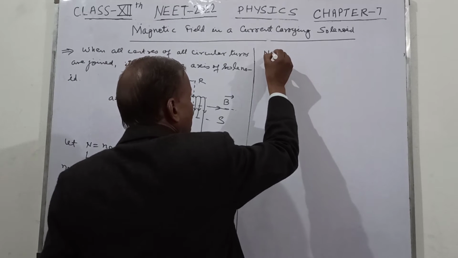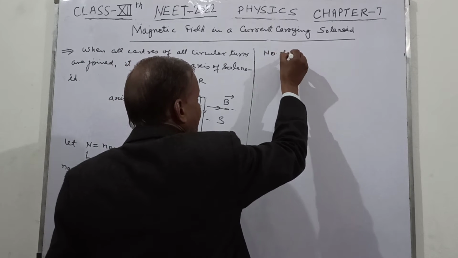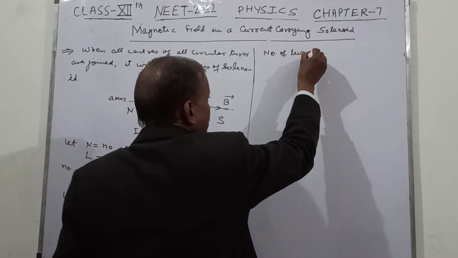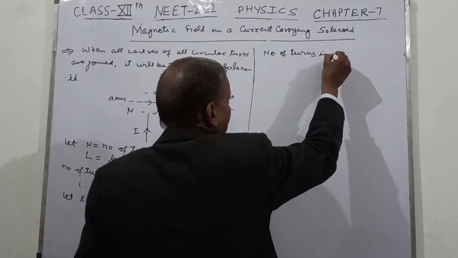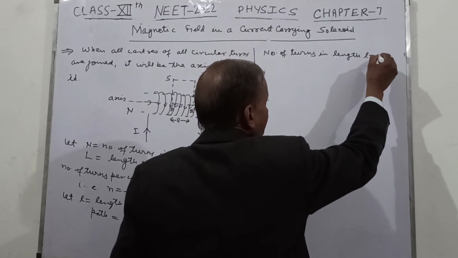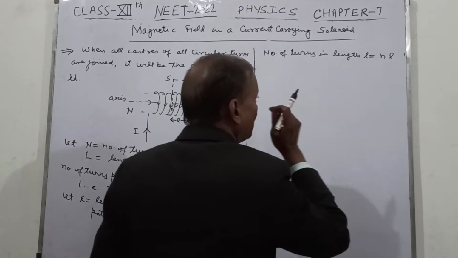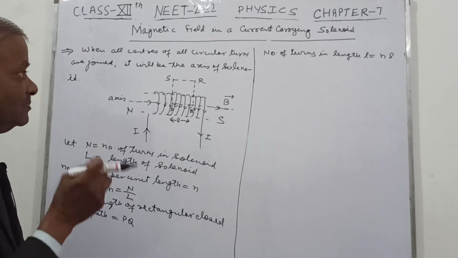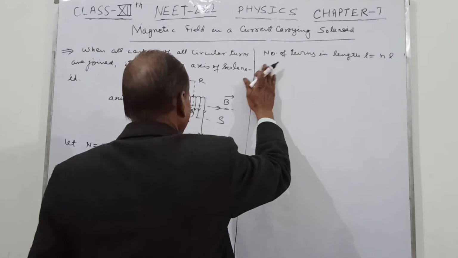So now we have number of turns in length l. This is equal to n into l. So now what we are having?